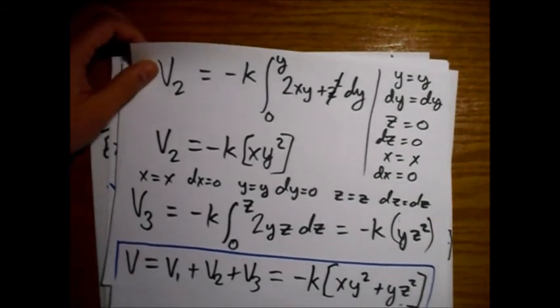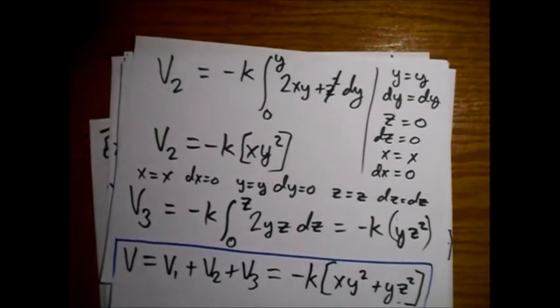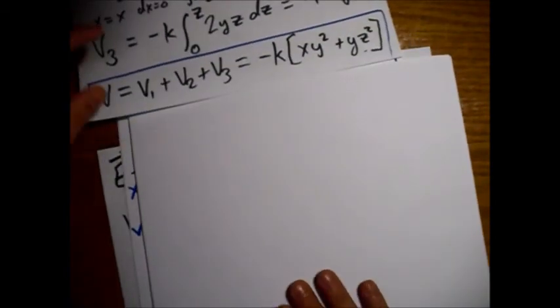And, all right, so now, let's see. All we have to do is compute the gradient of v and show that we get the original field back.